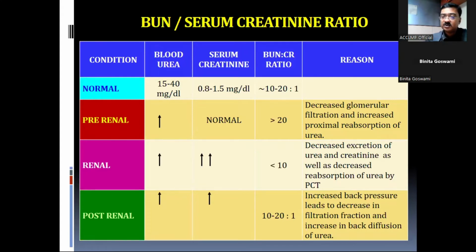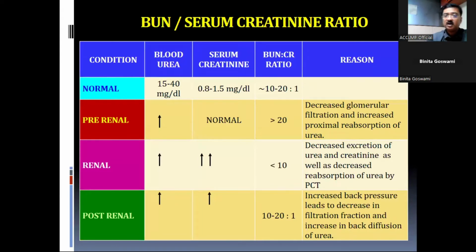And that is why in those conditions of CKD, you might find that the urea creatinine ratio is even 10:1 or even maybe less than that. I have got a 5:1 urea creatinine ratio also.